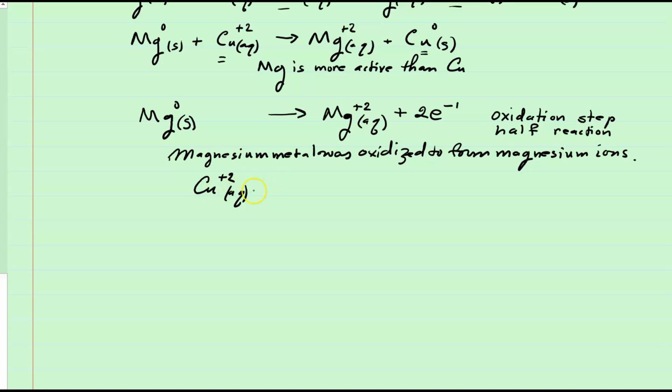Copper plus 2 means it has 2 more protons than electrons, so it's missing 2 electrons. If we add 2 electrons to this, then the charge becomes 0, so we end up with copper 0 as a solid, and this is the reduction half of the reaction.